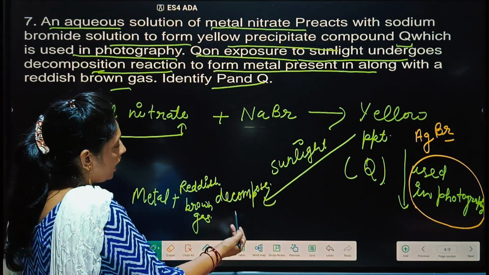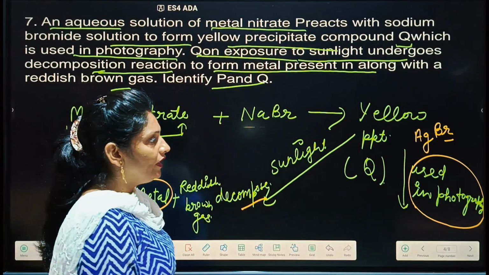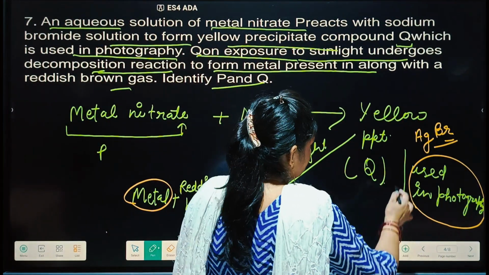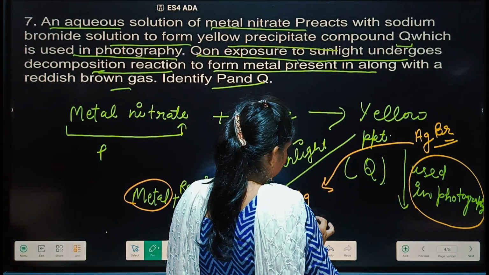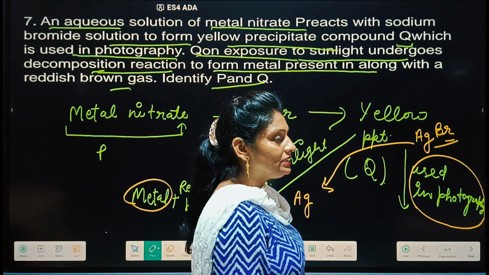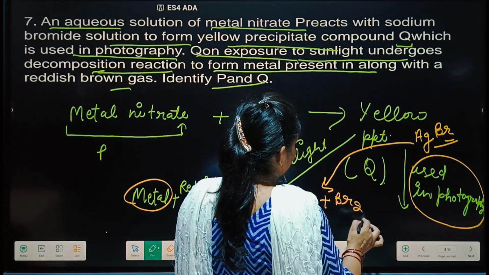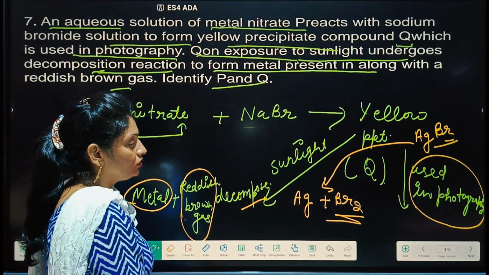Here, after decomposition, they are giving a metal also. When AgBr is exposed to sunlight, it gives us Ag plus bromine gas. And you know very well, bromine is a reddish brown gas.